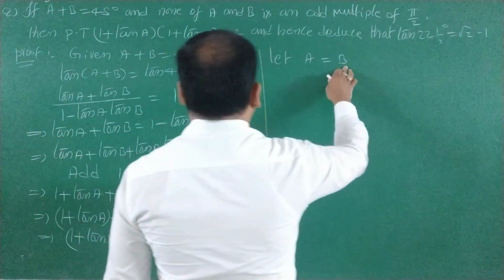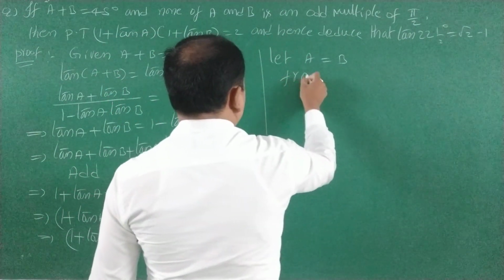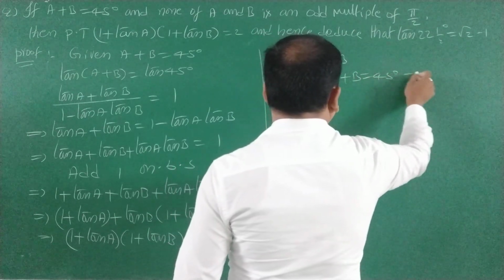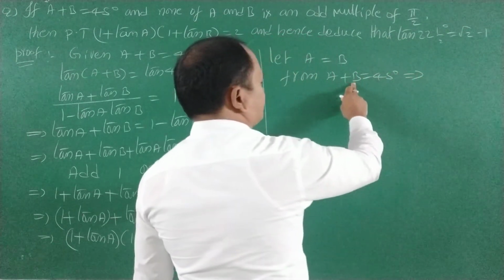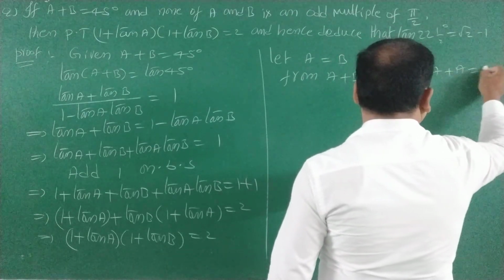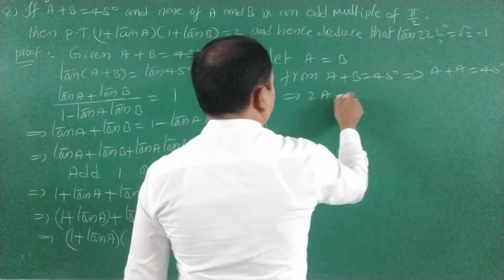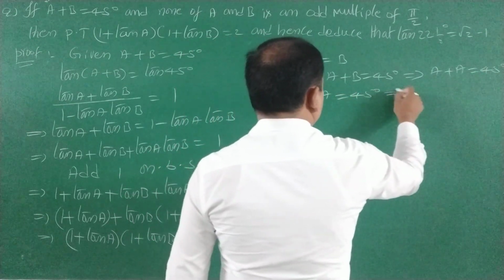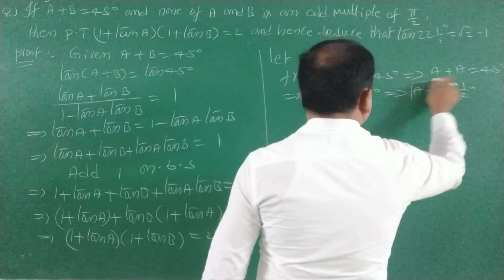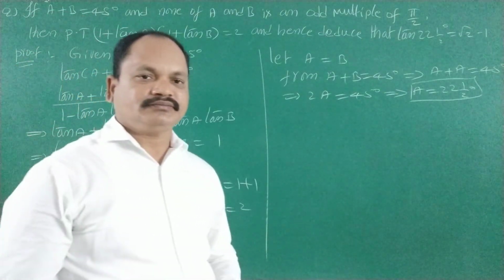Now if a is equal to b, from a plus b is equal to 45 degrees, in place of b we have to write a. Then a plus a is equal to 45 degrees. So 2a is equal to 45 degrees. That's why a is equal to 22.5 degrees, half of the 45 degrees.